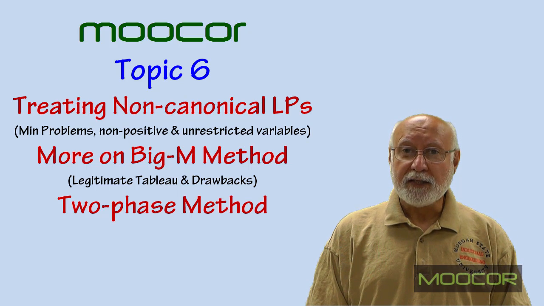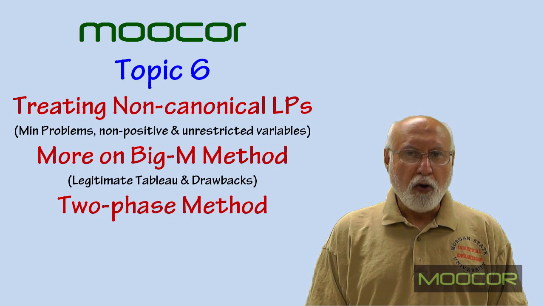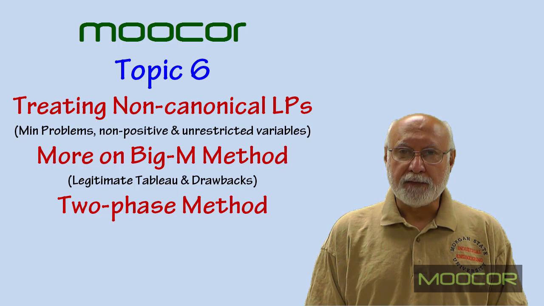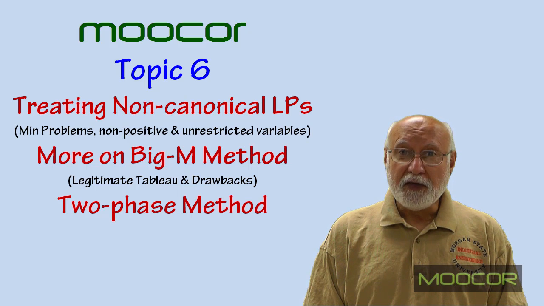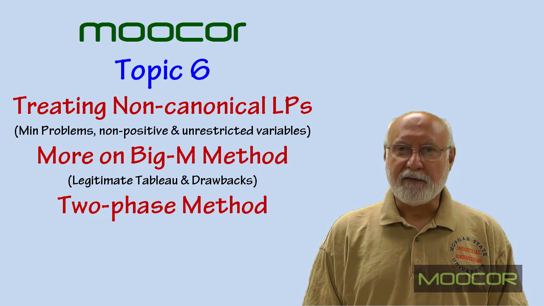We discussed the big M method in topic 5. The big M method was part of addressing non-canonical forms of the LPs, in which some of the constraints may be in the form of greater than or equal.